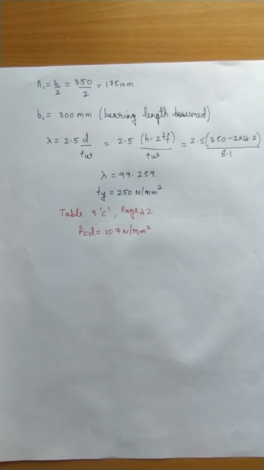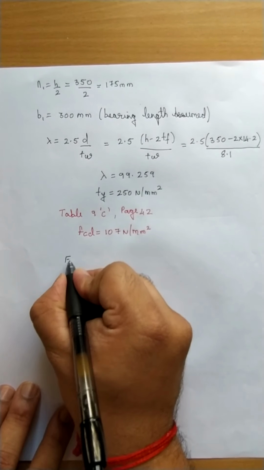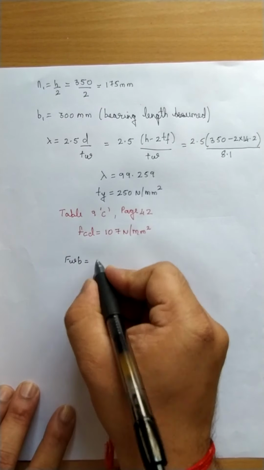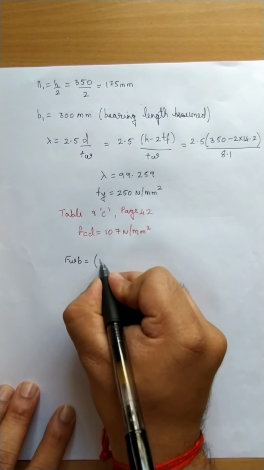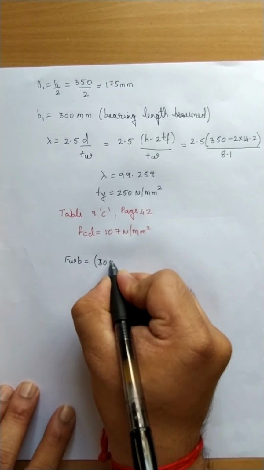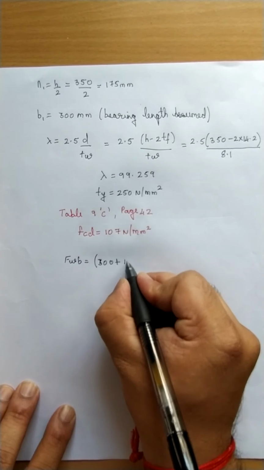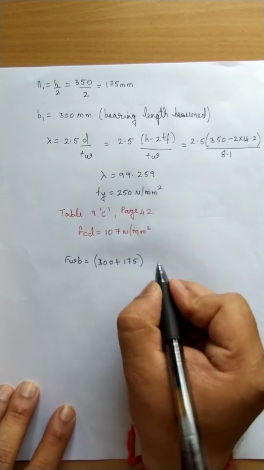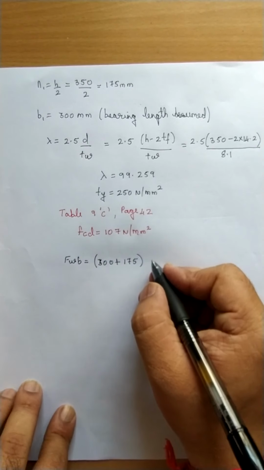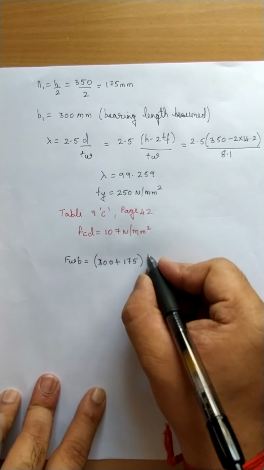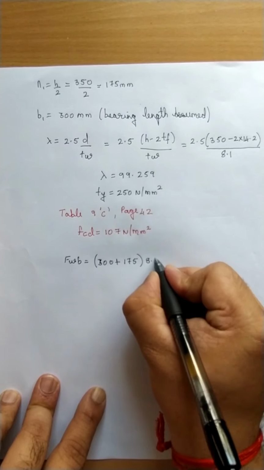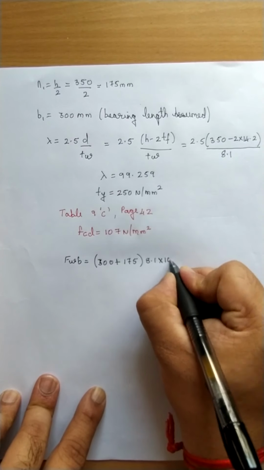So let us substitute and get the value. So FWB is equal to B1 plus N1 into TW into FCD.